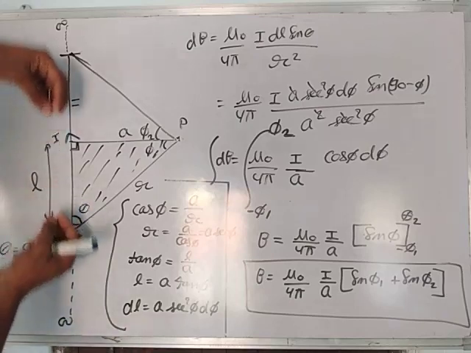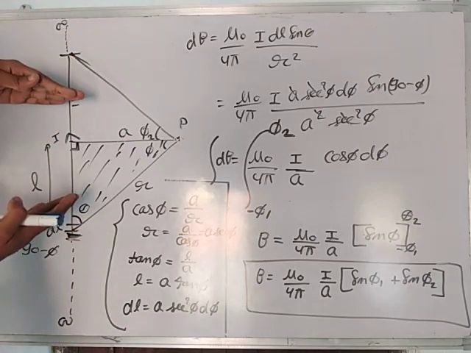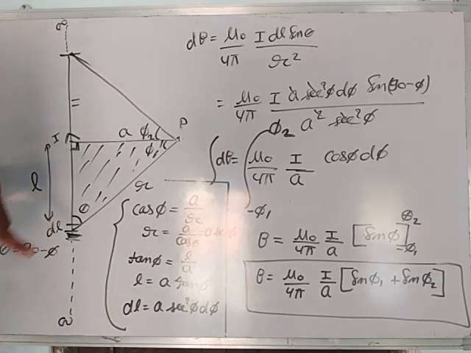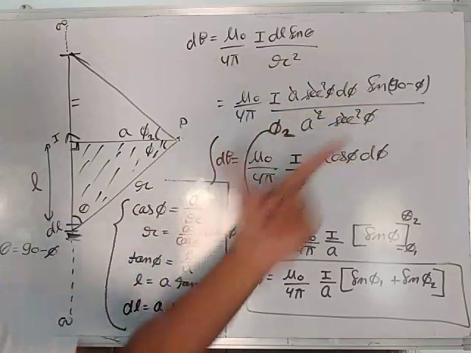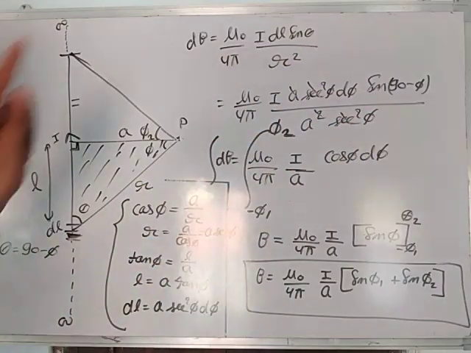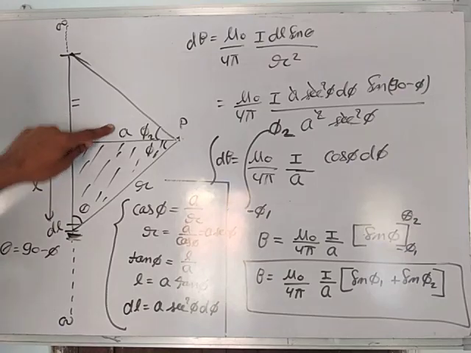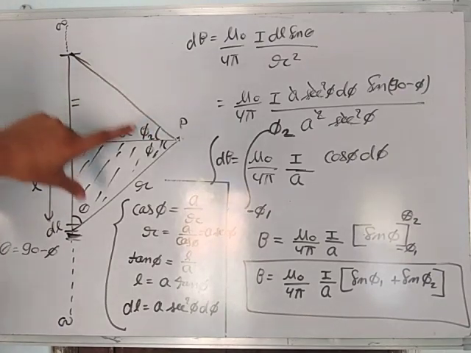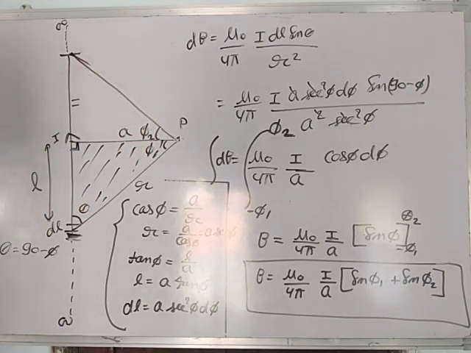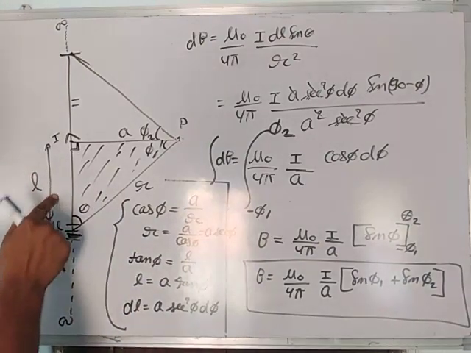As you are extending the length or decreasing the length, the value of φ is going to change. Hence, we convert this expression in the form of φ, and we have converted r and l in the form of a, because a is the given quantity.